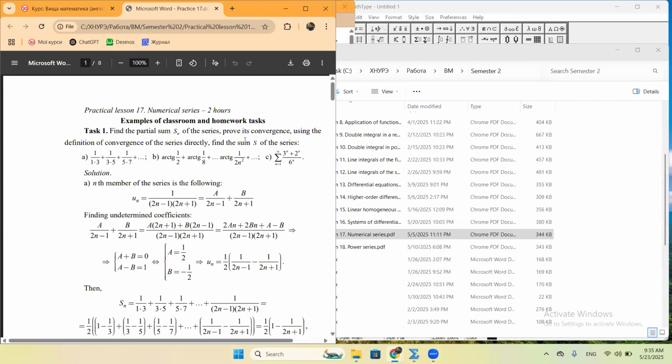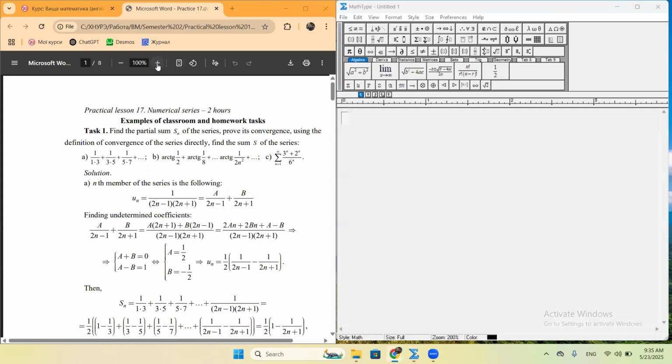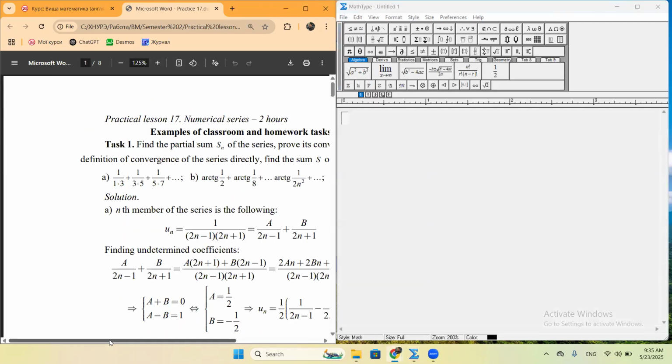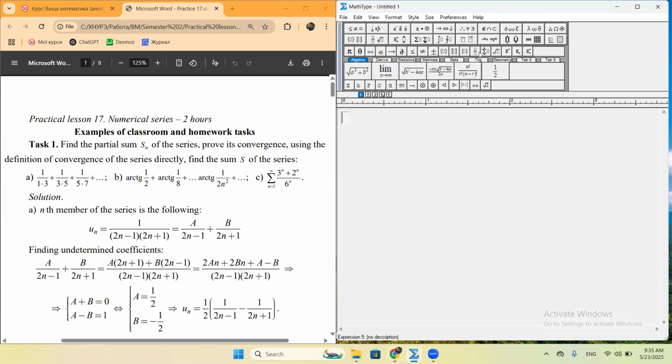Good morning, dear students. Today we're having the 17th practical lesson, and we're starting a new topic for you. This topic is related to series, such infinite sums. So the general form of a numeric series is the following.